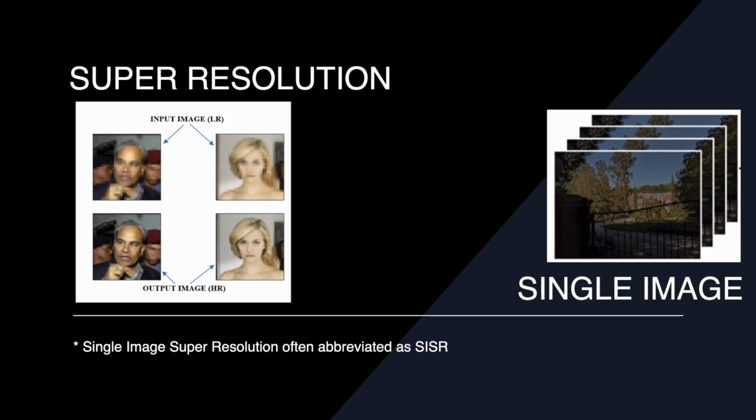Alternatively, what happens is I click the photo, or I have the images that were captured in a continuous burst of shots with a very high shutter speed and in a very small interval of time.